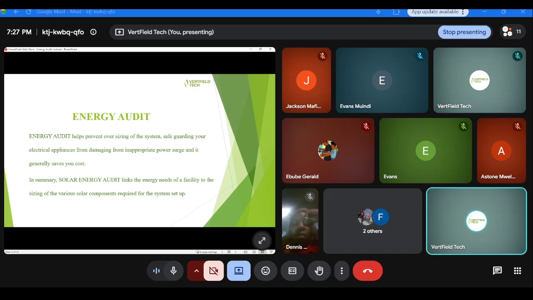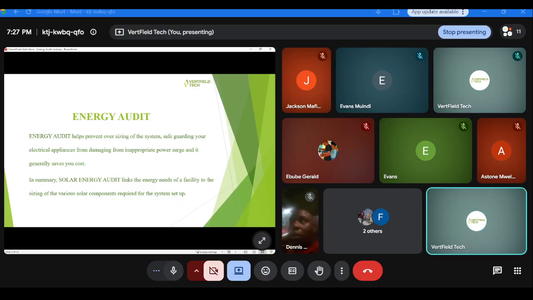Take for instance, let's say Mr. Dennis is our client for tonight. We don't know where Mr. Dennis is from, but in the long run, he will tell us. So let's say he wants to install a solar system in his facility, and he has invited Mr. Jackson for that installation. Mr. Jackson is also here with us for tonight's class.